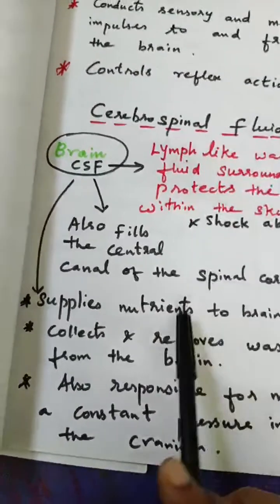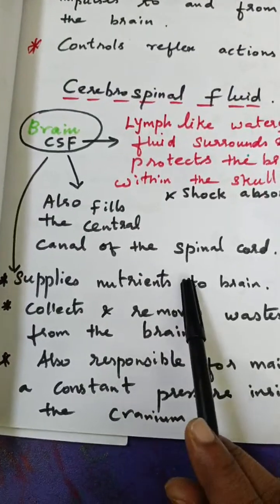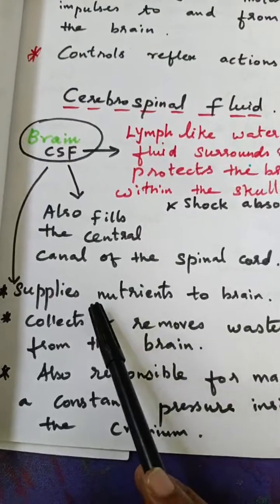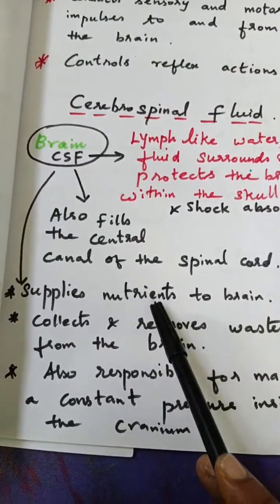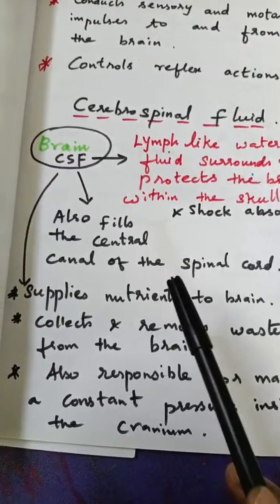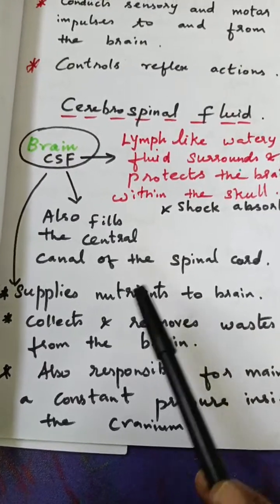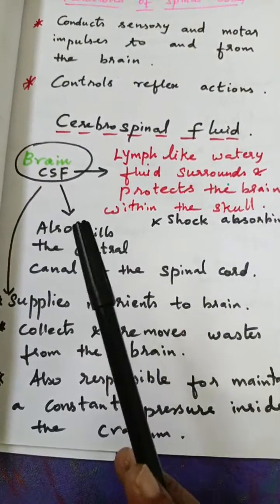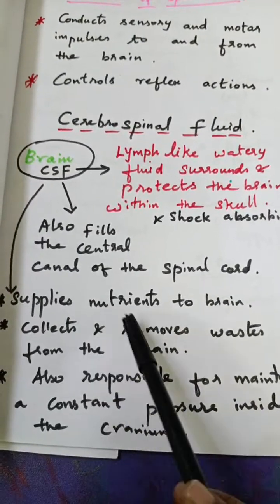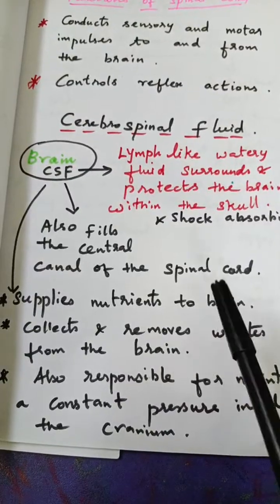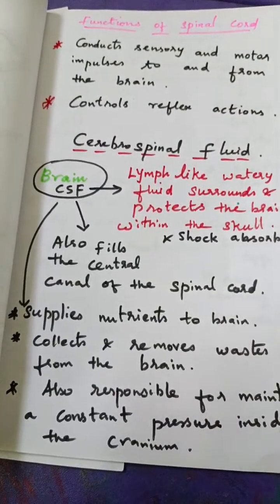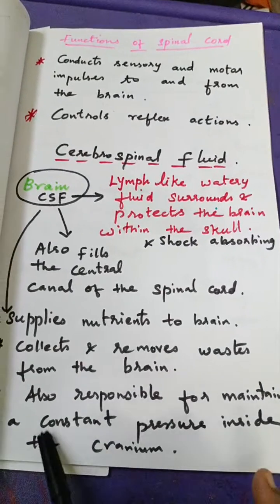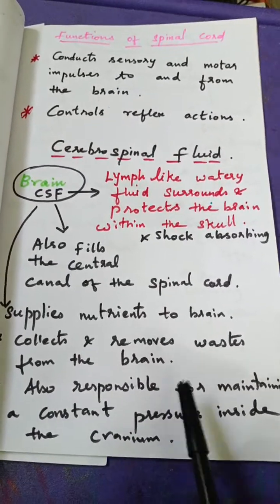Next, we are going to see the cerebrospinal fluid function. I already told you it is the main essential fluid for the brain, so it supplies nutrients to the brain, and it also collects and removes the waste from the brain. It is also responsible for maintaining the constant pressure inside the cranium, inside the skull and the brain.